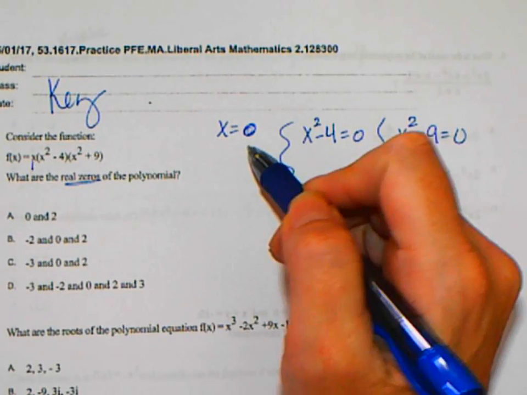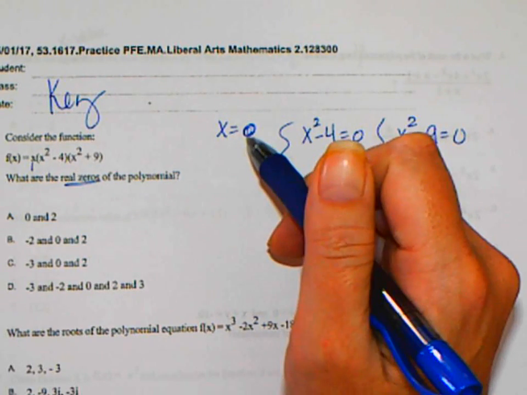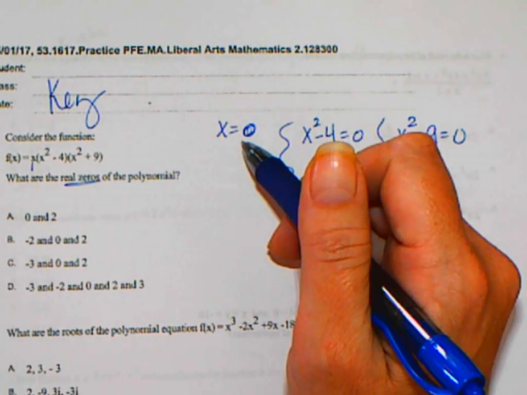So 0, is that a real solution? Can your graph cross the x-axis at 0? Yeah, so that's a real solution.